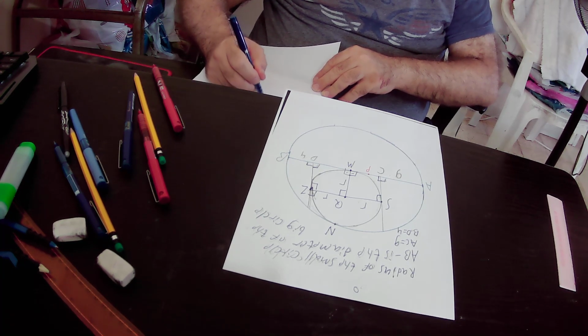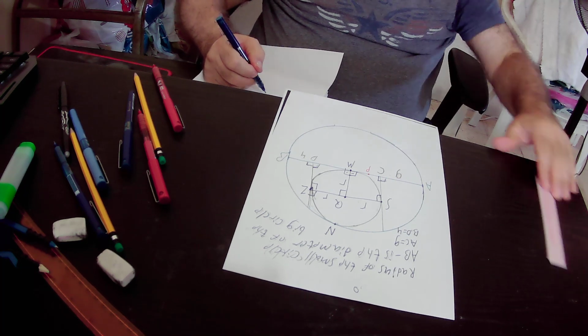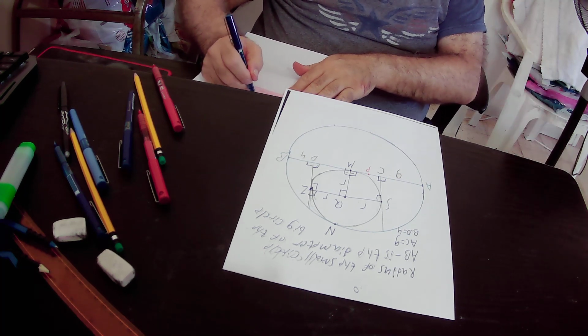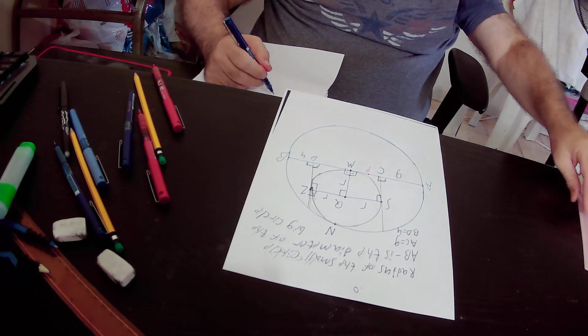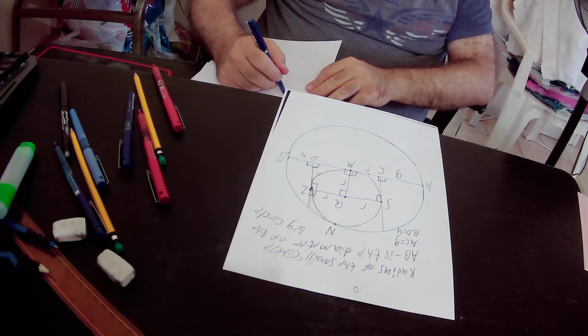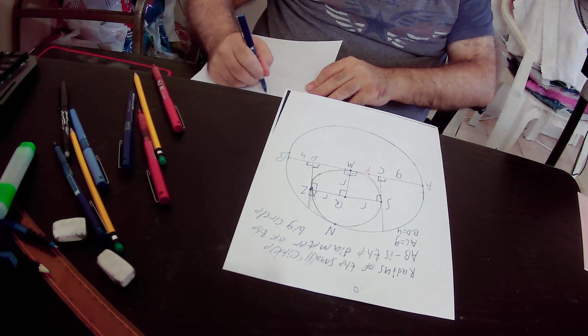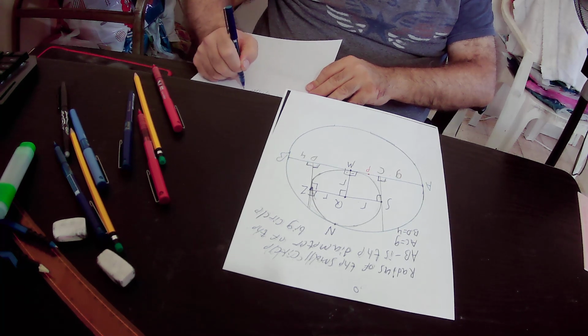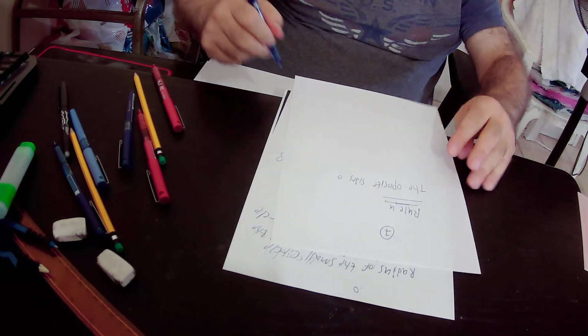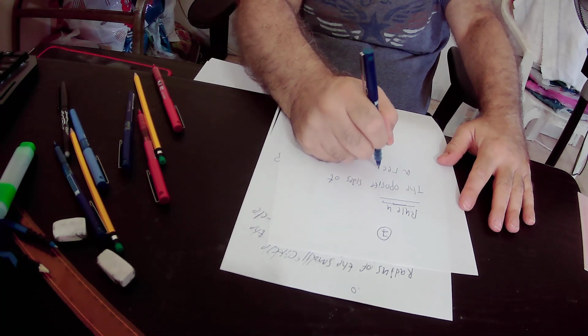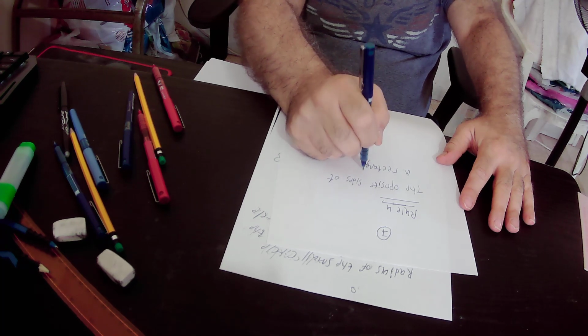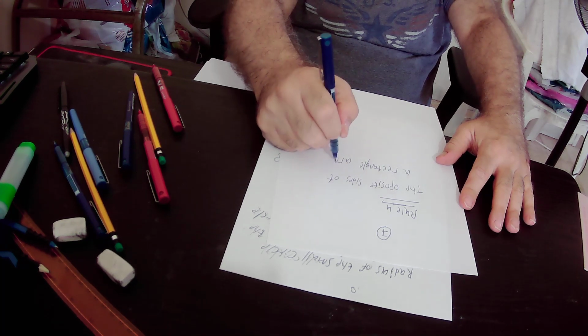according to rule number 4, the opposite sides of a rectangle are equal to each other.